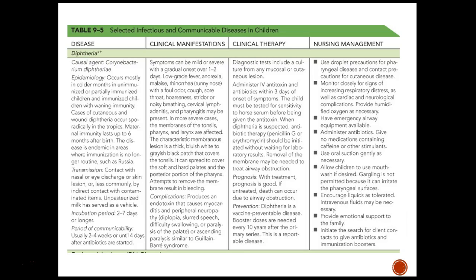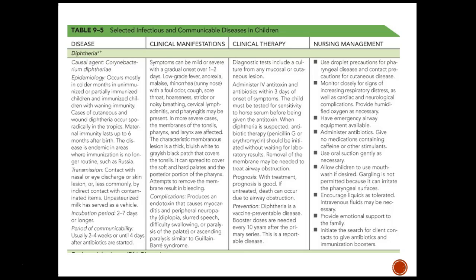Some of the complications we may see is that diphtheria can actually produce an endotoxin that will cause myocarditis and peripheral neuropathy, so we have to watch for that. If it gets very bad, we might see ascending paralysis that's similar to a Guillain-Barré syndrome.